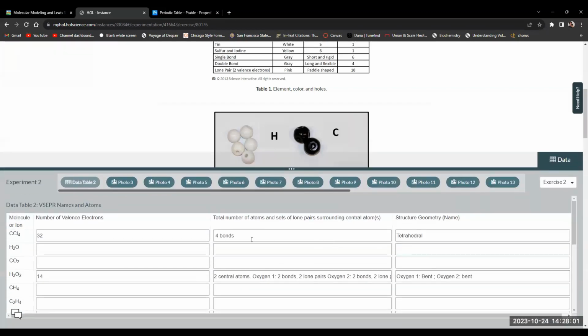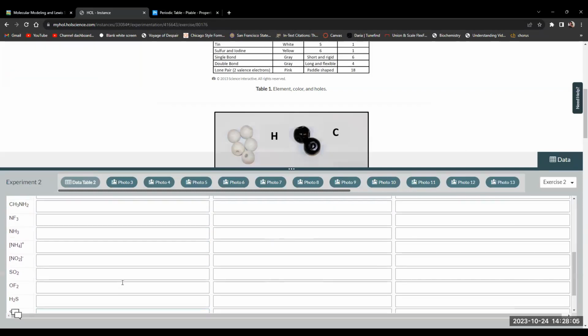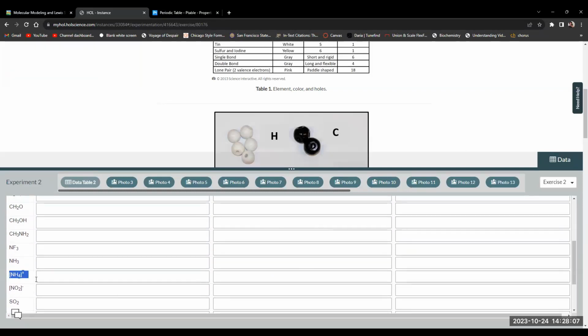So we'll do one more together. Let's do NH4. One is charged.